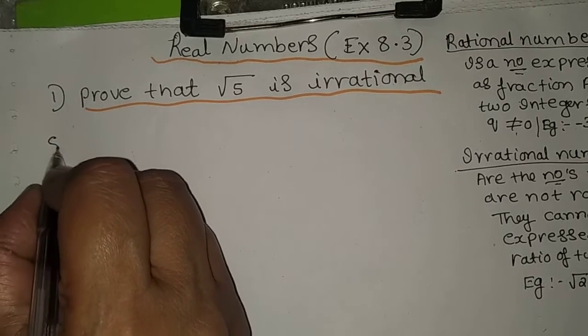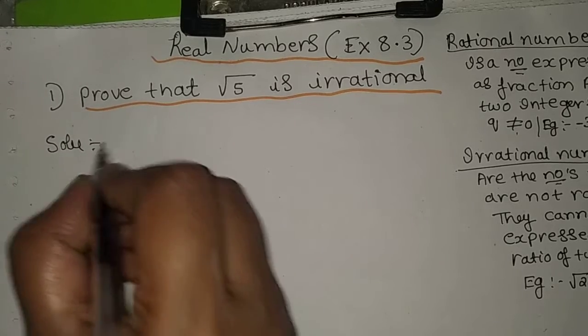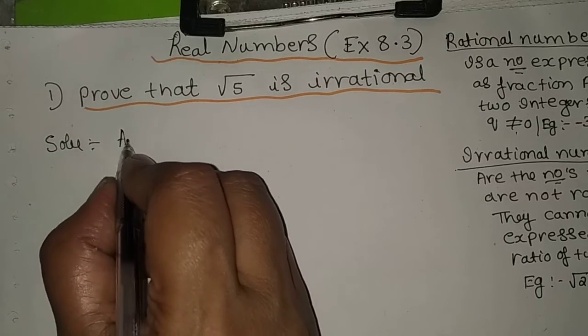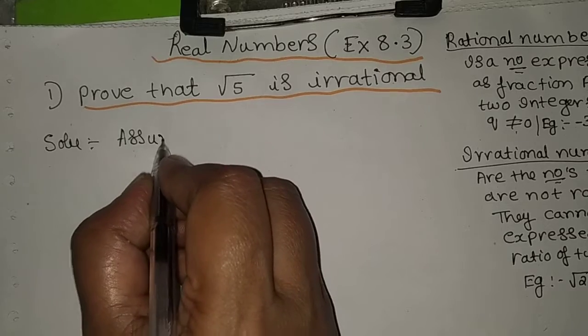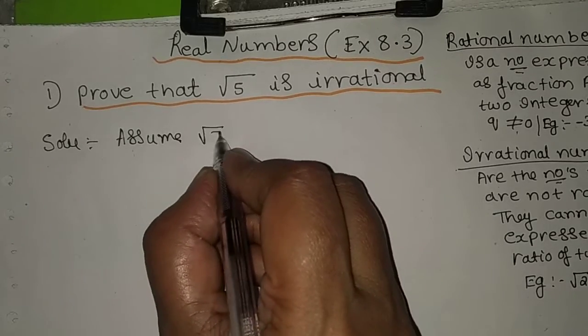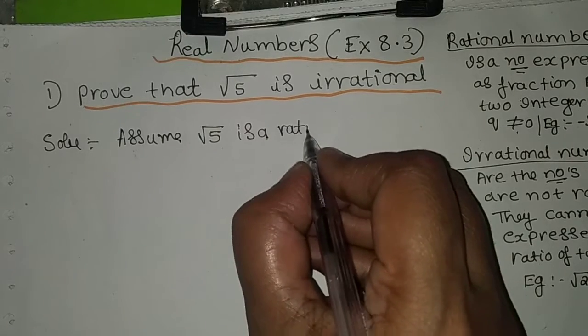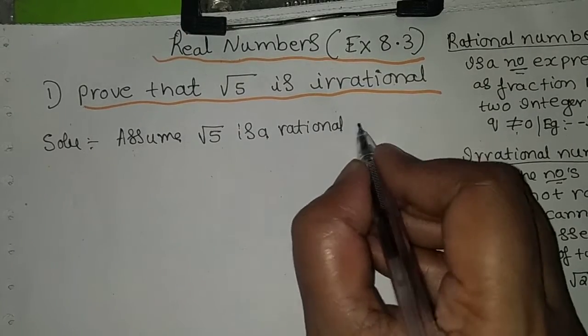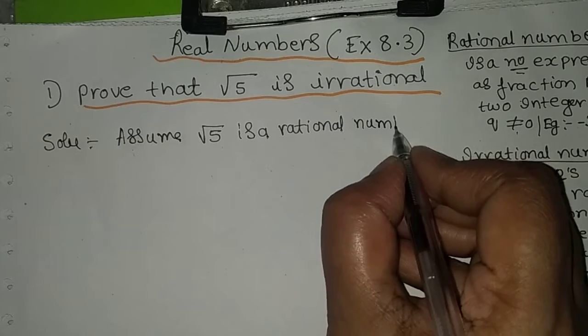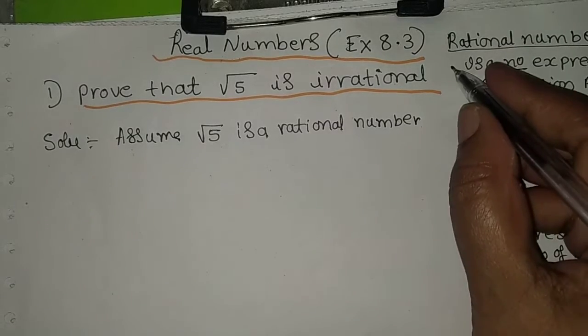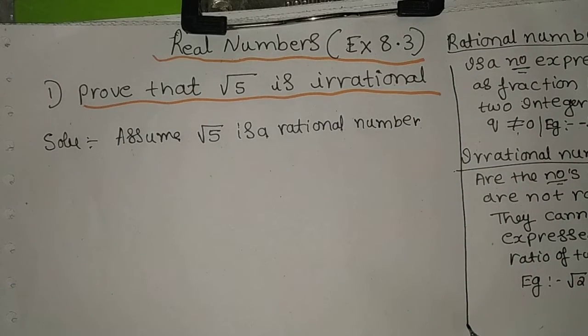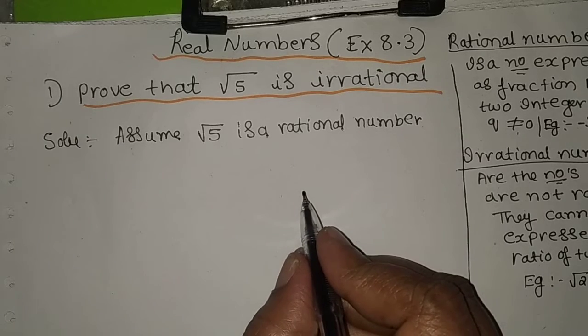For the solution, we first assume root 5 is a rational number. So first an assumption is made, that is root 5 is assumed as a rational number.